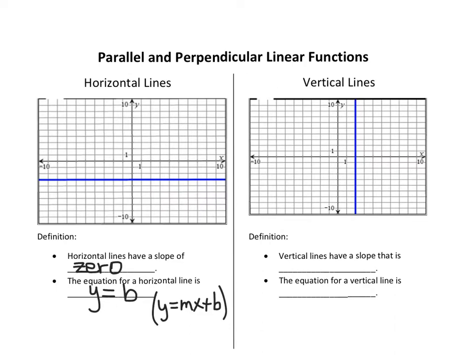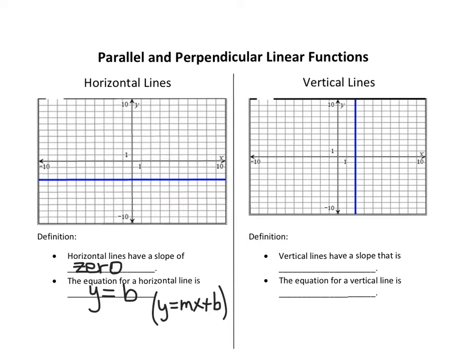The vertical lines are the ones that cross through the x-axis. And these are actually not functions because they have repeating x's. So the slope that goes up so much and over 0 is going to be undefined because we cannot have a number with a denominator of 0.